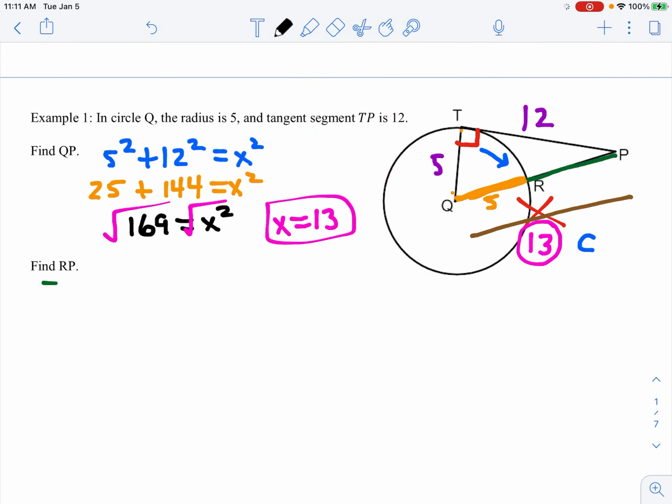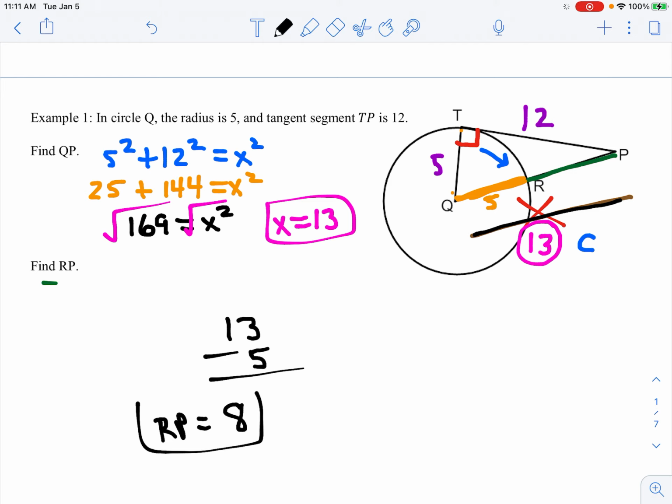If the whole thing was 13, minus this little piece was 5, that means the piece that's left, RP, has to be what's left over, which would be 8. So essentially we're doing the Pythagorean theorem first, and then we're going back to plug it into our picture and solve for other pieces.